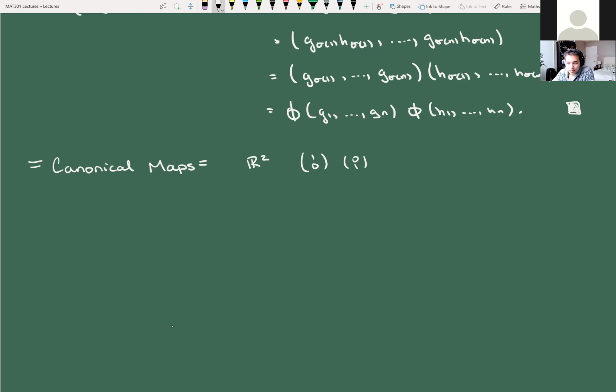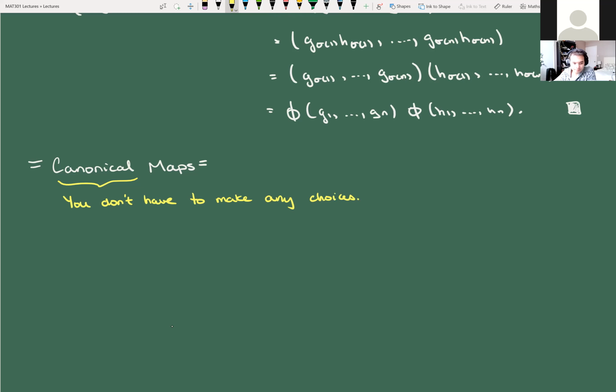So we have to be careful about that. What canonical means is that you don't have to make a choice. You don't have to make any choices.